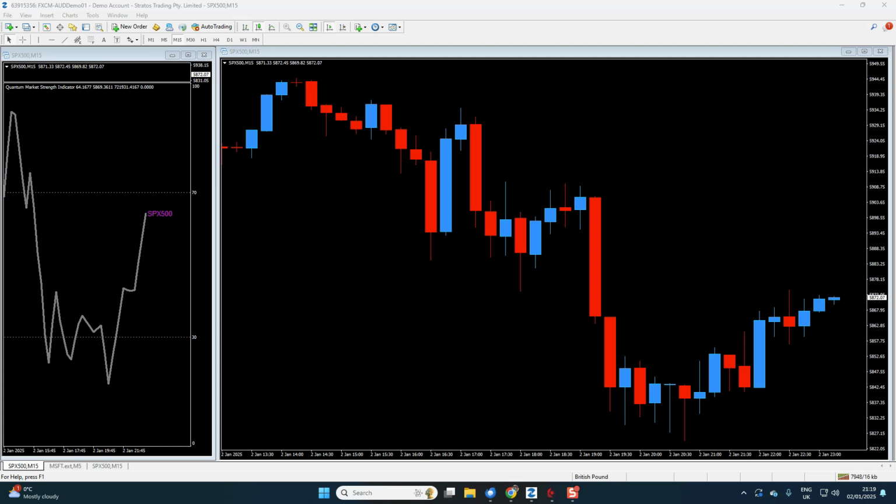So in looking at the Market Strength Indicator on its own in this way, we can get an instant perspective on where we are in the journey of that instrument, whether we are strongly overbought, whether we're strongly oversold, whether we're trending strongly higher, whether we're trending strongly lower, or indeed when we're moving sideways, in which case the indicator will move into a congestion phase and will just oscillate within the midpoint, let's say. So there will be no trend.